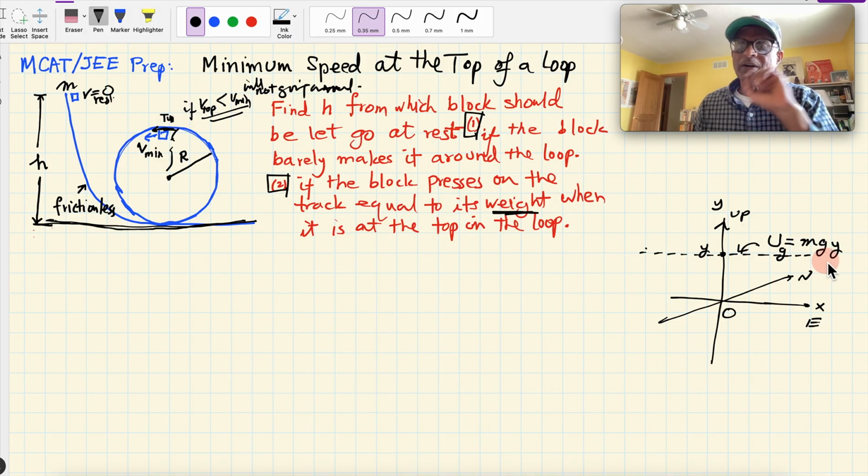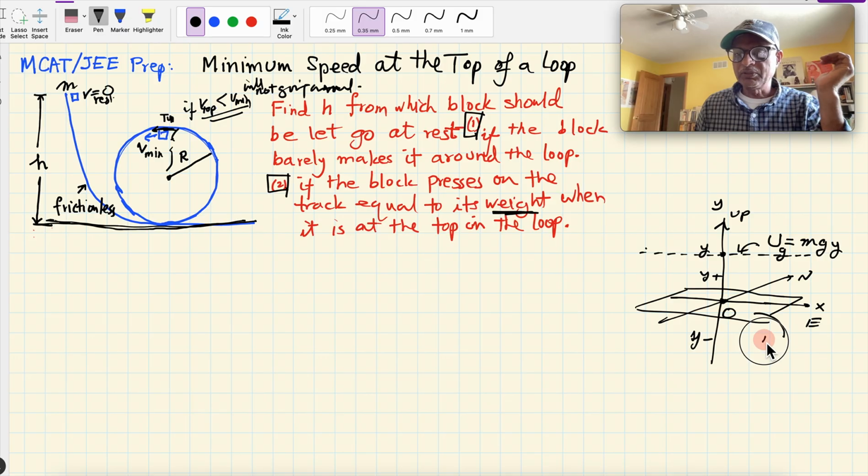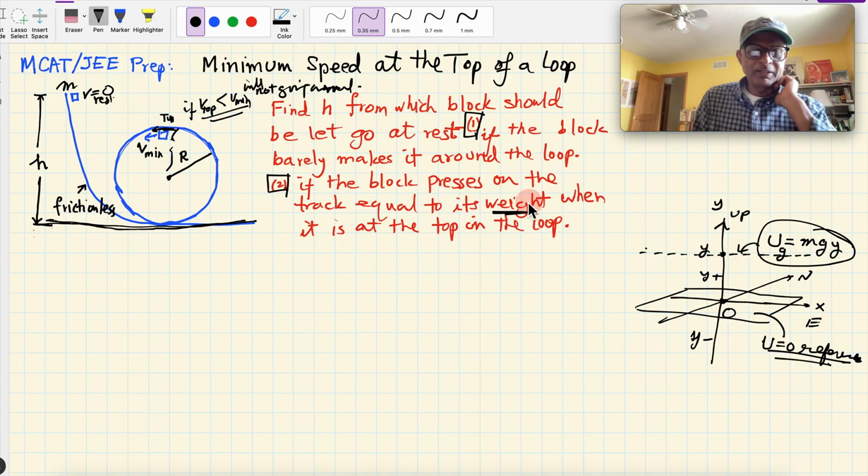I like to say mgy instead of mgh. I want to make sure that y is positive here and y is negative here. So this horizontal plane is called the U equal to 0 reference. Always this formula that you write down is with respect to some reference. That's one bit of information you need.